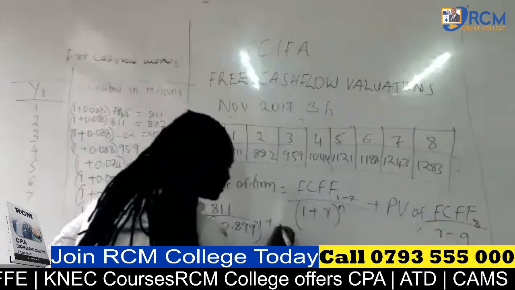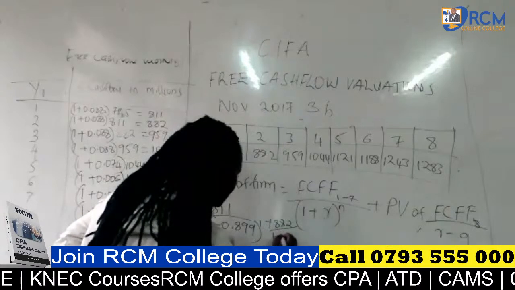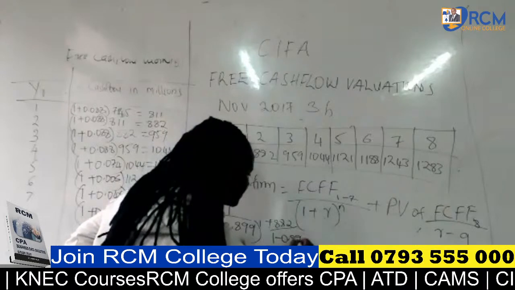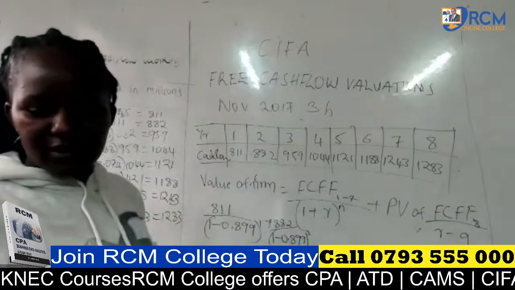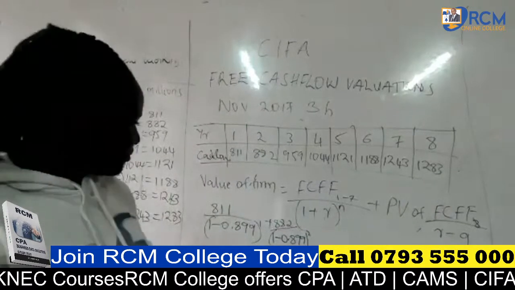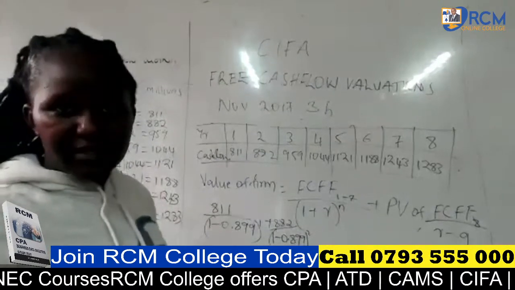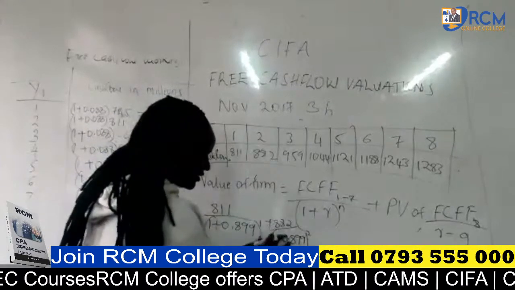Year 2, 882 divided by 1.0899 squared. Understood? So we compute the whole way. Is it minus or plus? Sorry, plus. Remember this, there is an error here.